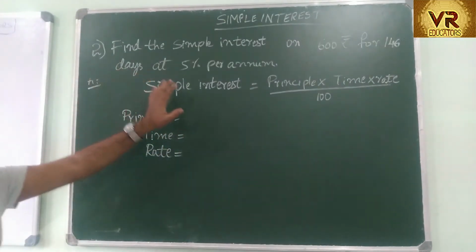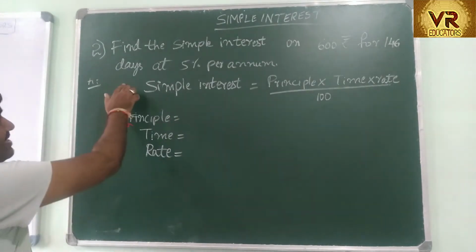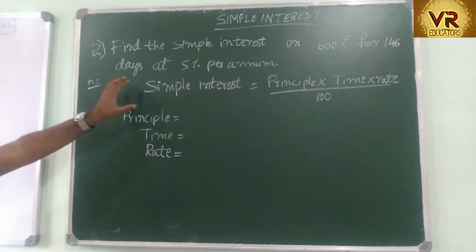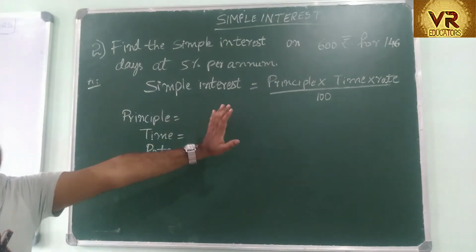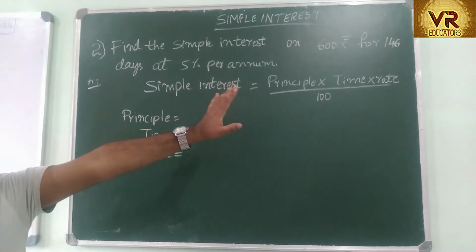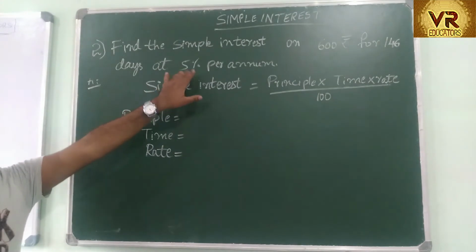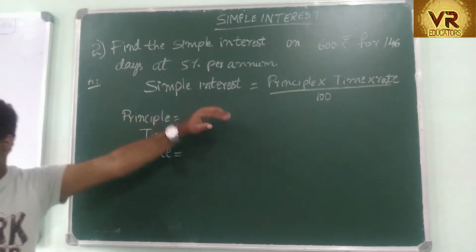Find the simple interest on 600 rupees for 146 days at 5% per annum. Here the question says that a person has taken a loan of 600 rupees and has to pay it back in 146 days. The rate is 5%. What will be the extra amount he has to pay? That is simple interest.